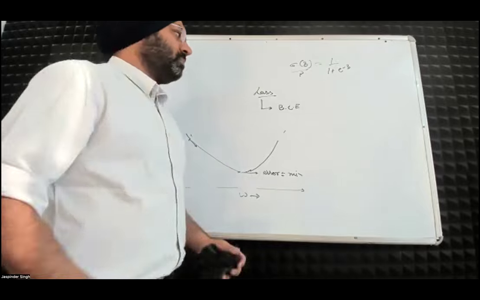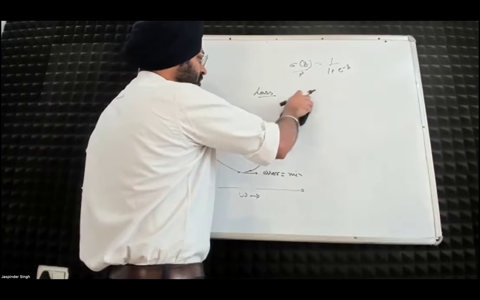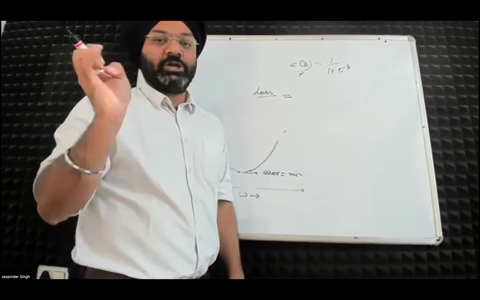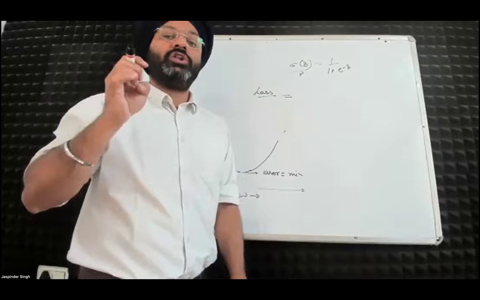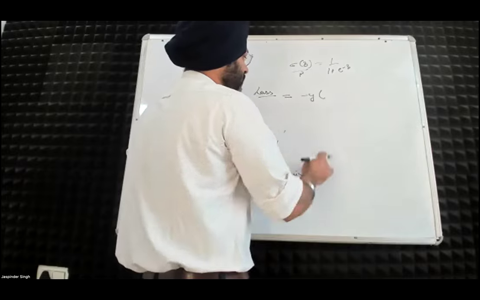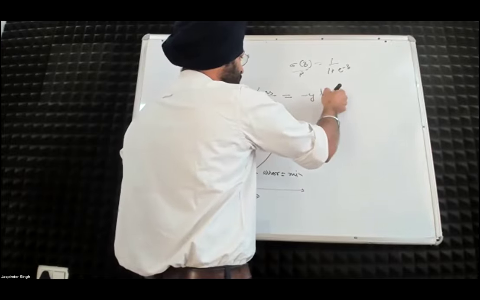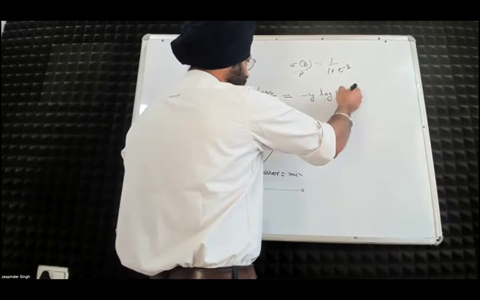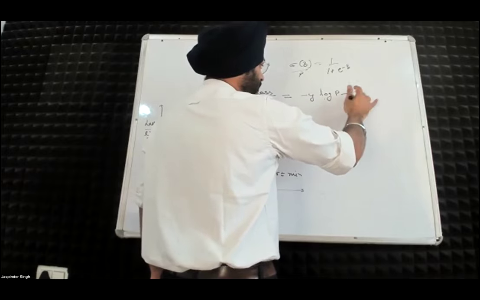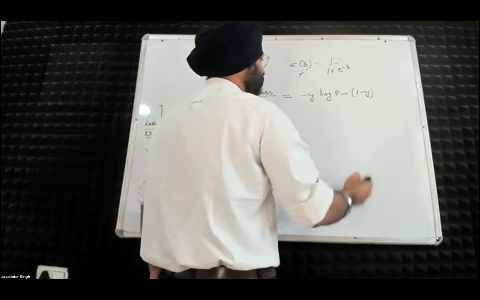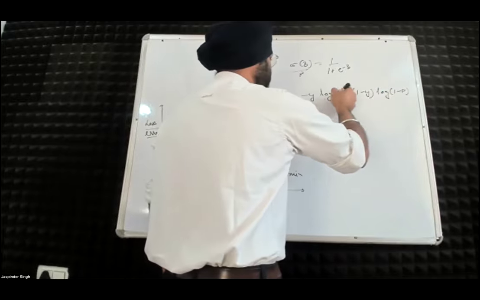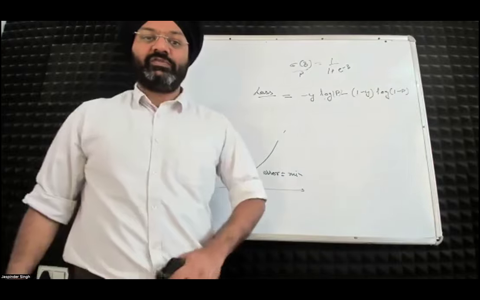All right. But more than the name, what really matters is the loss function for a particular sample, not all the samples. For a particular sample, it is minus of y log of p, minus of 1 minus y log of 1 minus p. Now, when I saw it for the first time, it was very confusing to me.